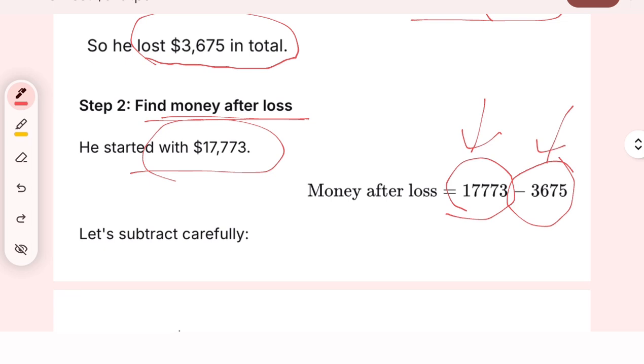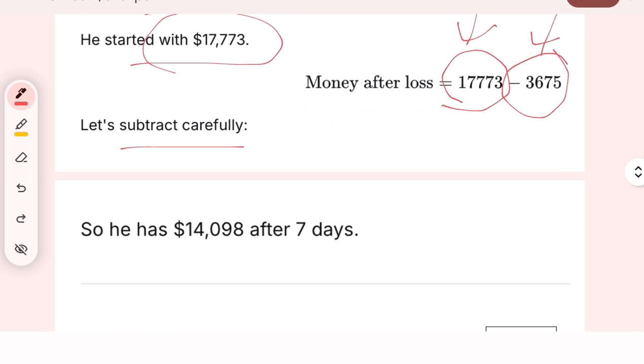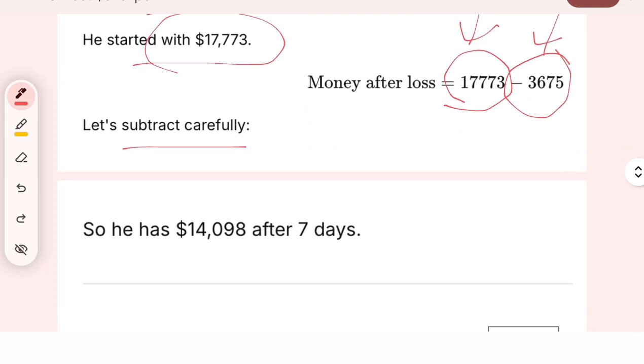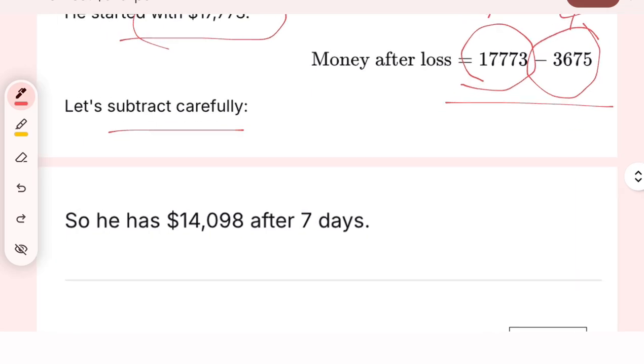Make sure to subtract carefully, because based on my experience with my students, they're so fast, they think they already got the answer, so they use the calculator quickly in subtracting, and then they make mistakes. So be careful when you subtract.